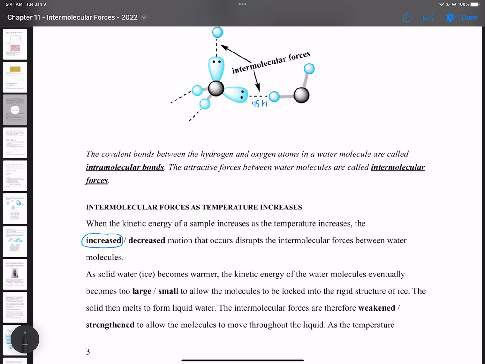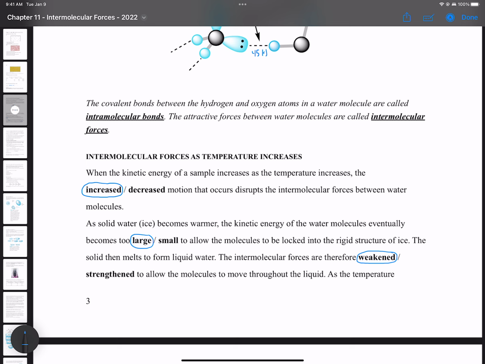The water molecules eventually get enough energy that they can no longer stay in the structure of ice, because they want to break free. The solid then melts to form liquid water, right? The intermolecular forces are therefore weakened because they're no longer holding the water molecules together in ice, so they're being disrupted to allow the molecules to move throughout the liquid.